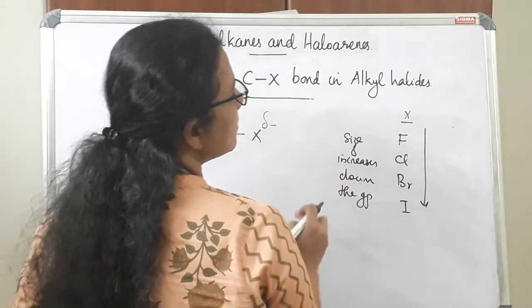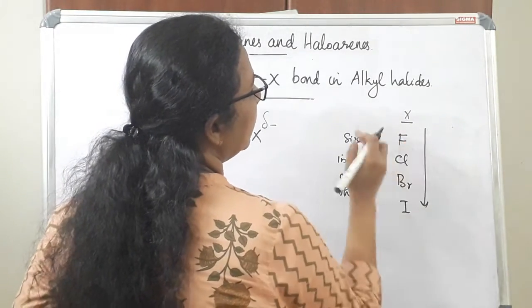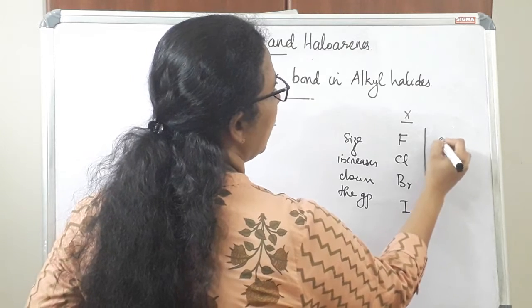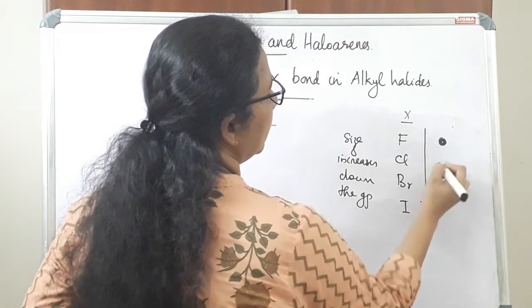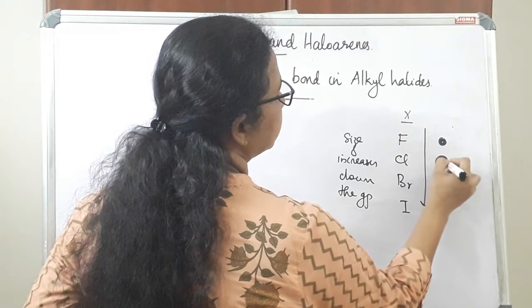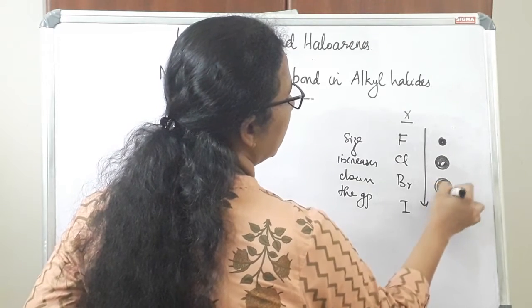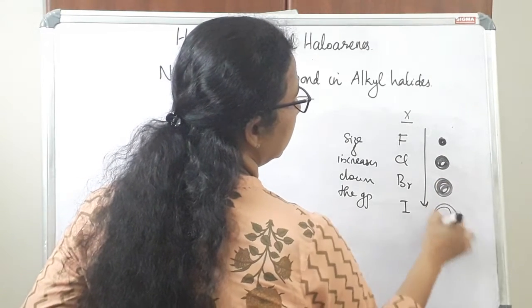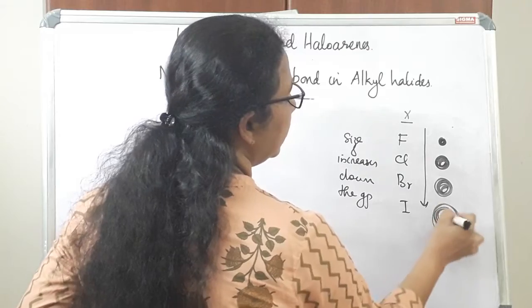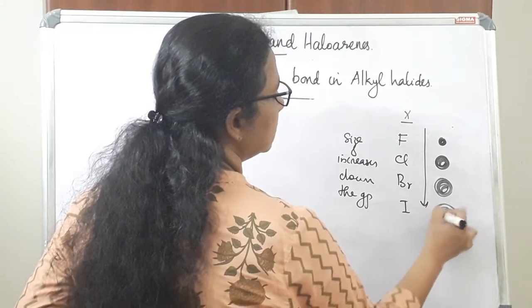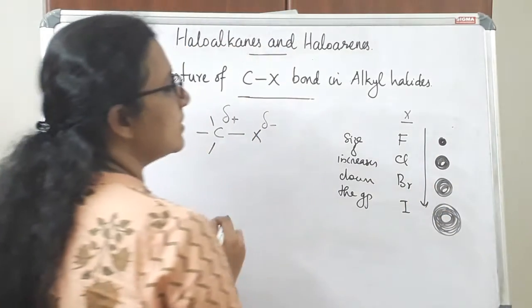So in this group, fluorine is the smallest atom, then comes chlorine, then bromine and then iodine. Iodine is the biggest atom in this group and fluorine is the smallest.